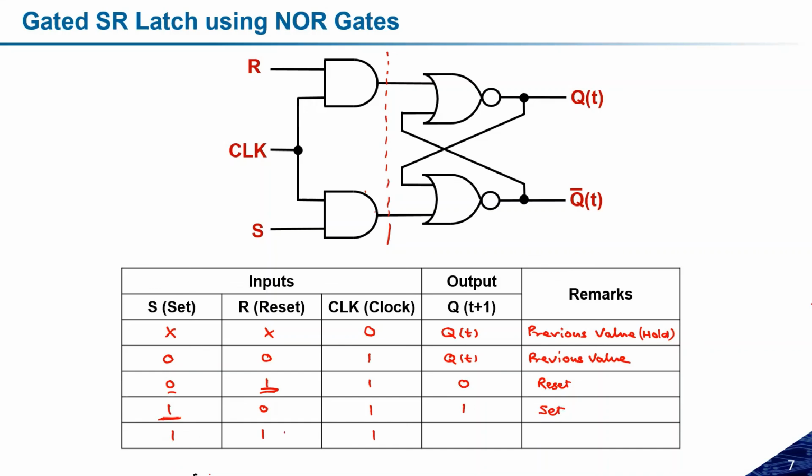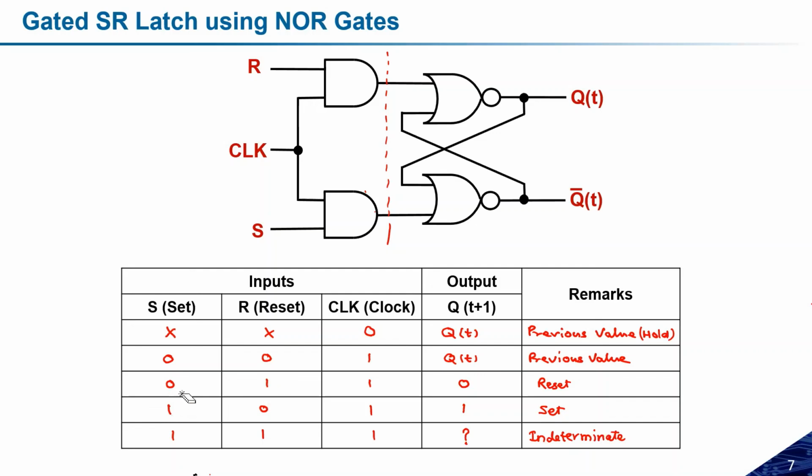And 11 means indeterminate state again. So 11 means we cannot decide what is the output. Indeterminate state. So this is the truth table for the gated latch.